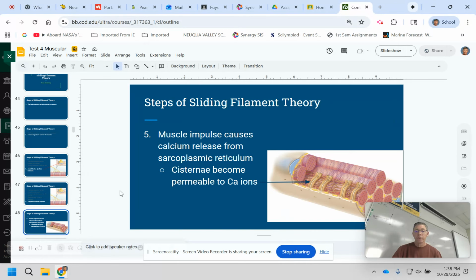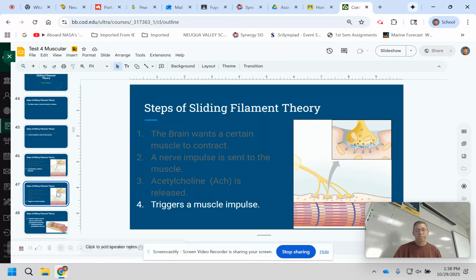Muscle impulse. So what a muscle impulse is, let's just get this square. When this electric signal hits the membrane of the muscle, we call the electrical signal coming through the nerve a nerve impulse. That word impulse means it's an electrical signal being sent down the neuron.